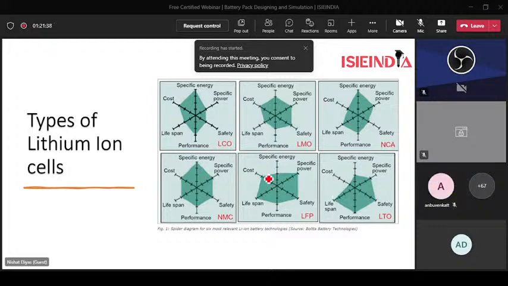But in the current market scenario, these two chemistries, NMC and LFP, are the most common. NMC has one disadvantage: it heats up fast.